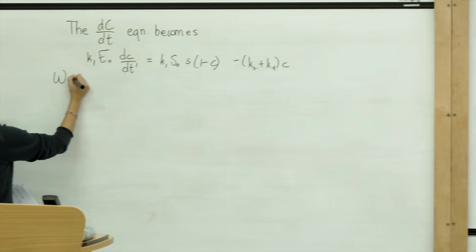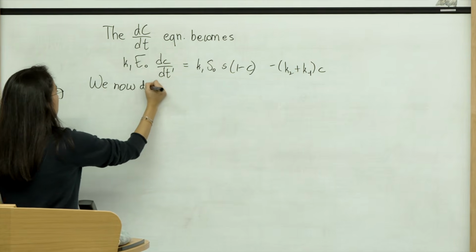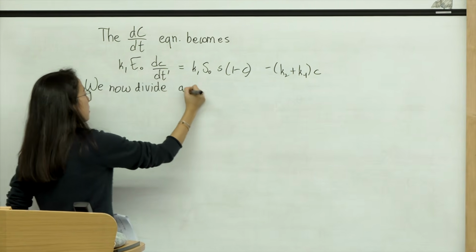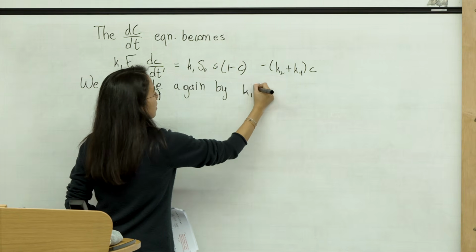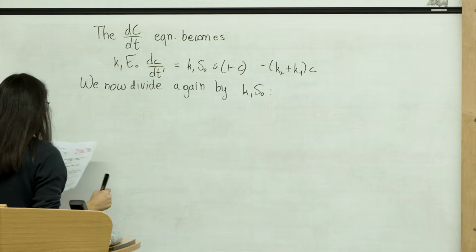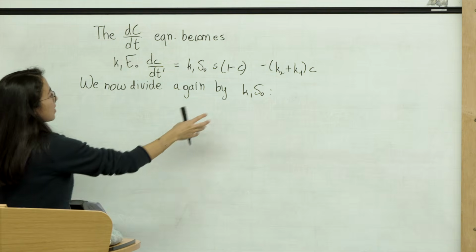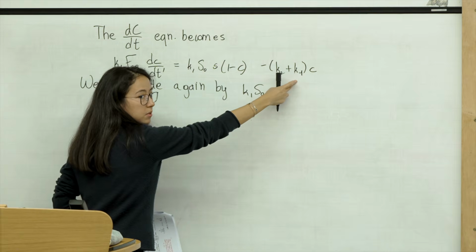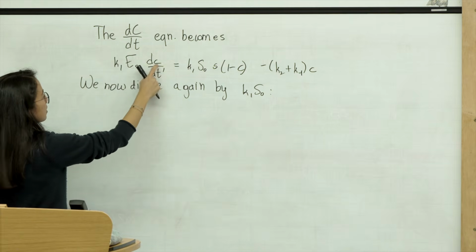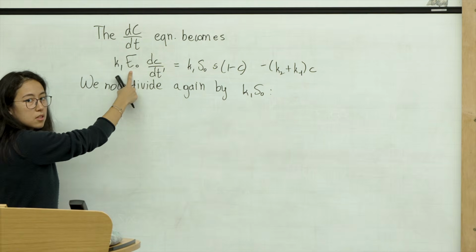So we now divide, so again, by k1 is 0, like we did there. So now you will notice the k1, you see it goes away here, and then you get an extra term here. And then in front of the dc in dt, I will get E0 divided by S0.